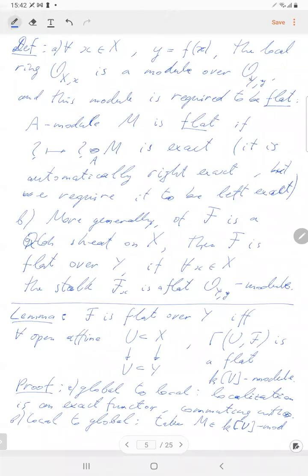So we see that the global sections of U with coefficients in F, tensor with M, is the global sections of U with coefficients in F, tensor the pullback of, say, localization of M, if you wish.